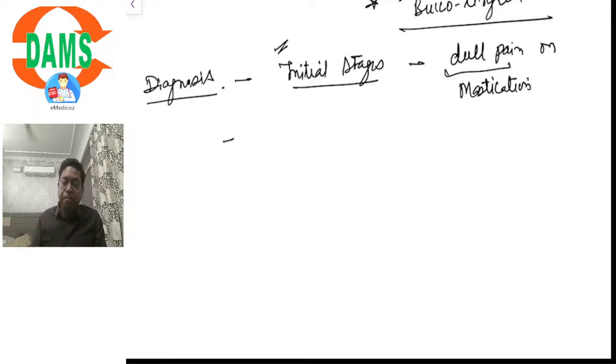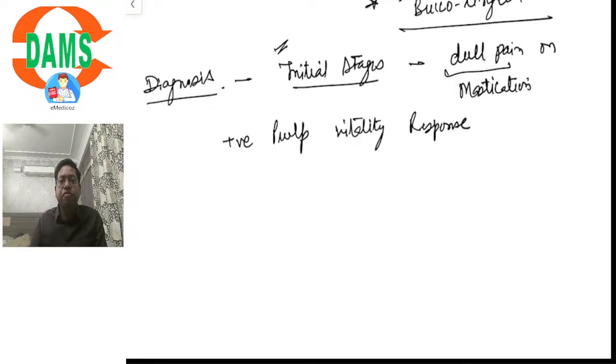There would be positive pulp vitality. No changes. Pulp vitality response would be positive in the initial stages. Probing pocket depth would be negative in the initial stages, just like the initial manifestations of cracked teeth. Bone loss would be restricted.